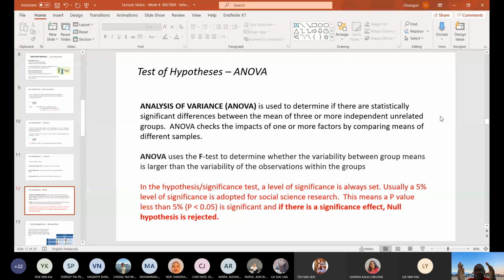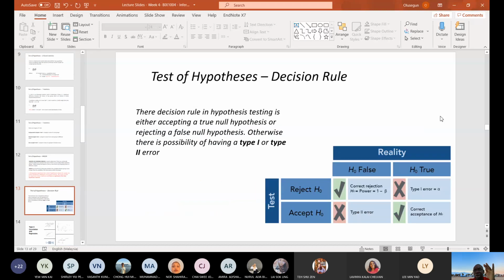So if there's a significant effect, the null hypothesis is usually rejected, because the null hypothesis is expressed in negative, showing that there's no significant effect. Something is not significant. But if our analysis shows it's significant, then we reject the null hypothesis. I think we'll put this into more contextual position when we try to do some regression or correlation test.